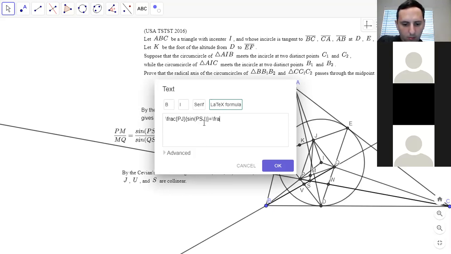And because angle JPS is equal to angle JQS, that will be equal to JS over sine JQS, and that will be JQ over sine JSQ.